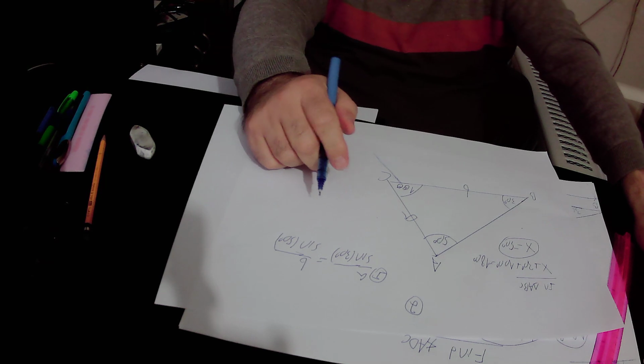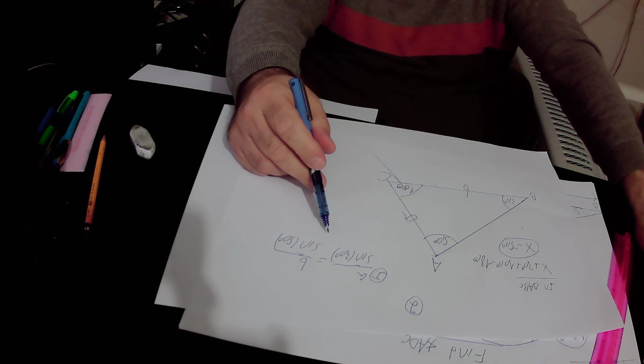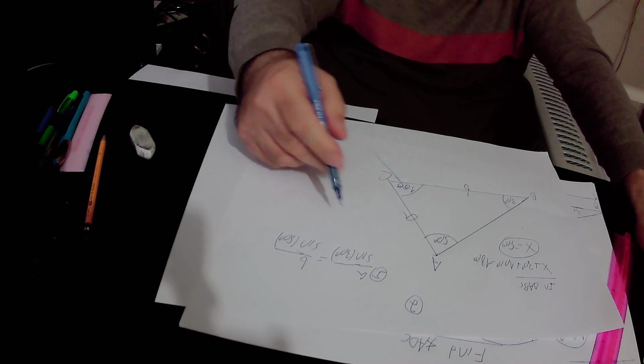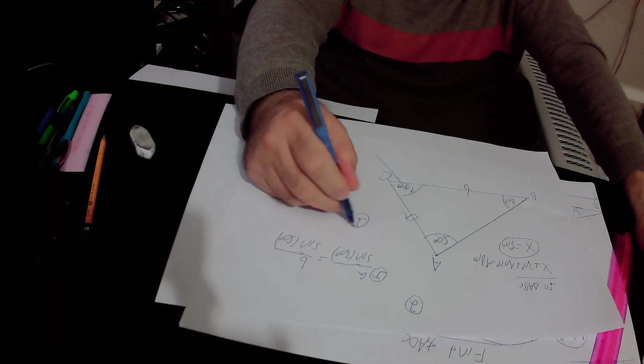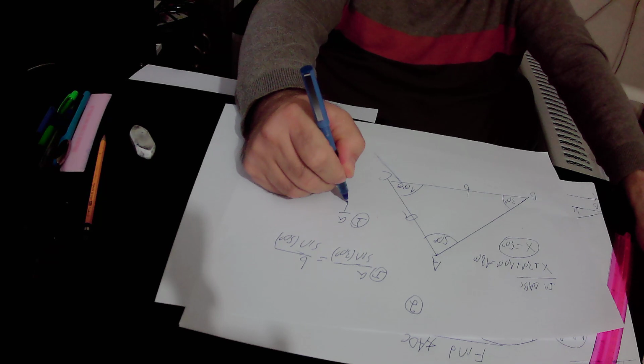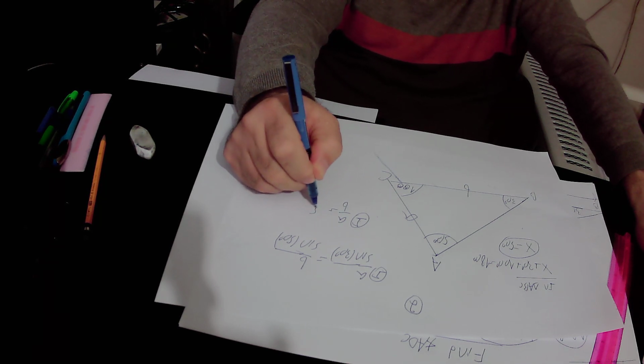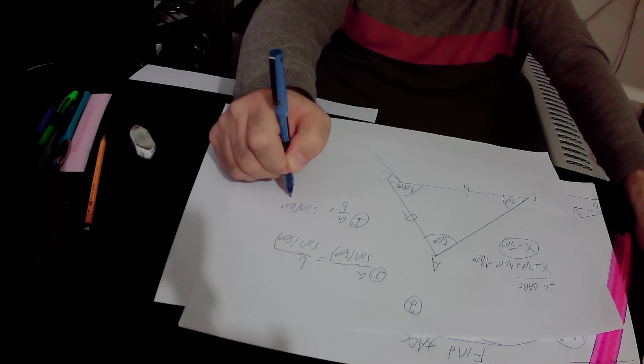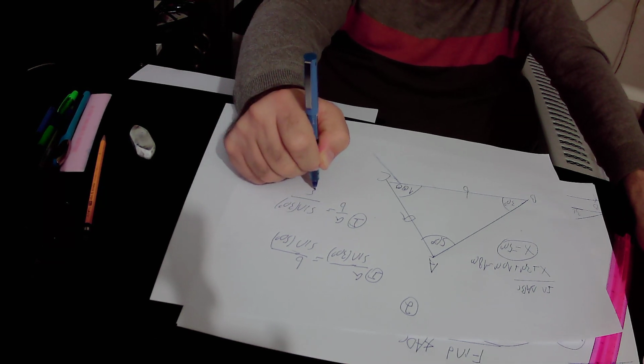So here we will divide this equation number 1 by B, and then we will multiply it by sine 30 degrees, and we will get that A over B equals sine 30 degrees over sine 50 degrees.